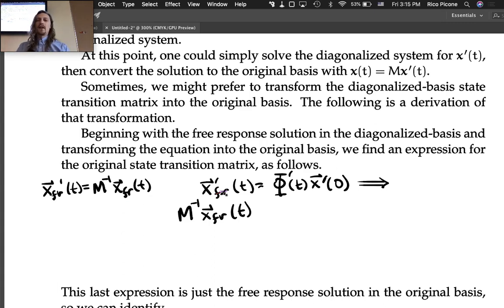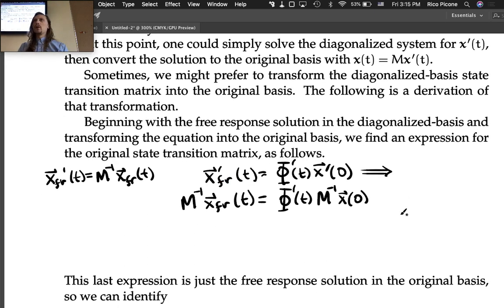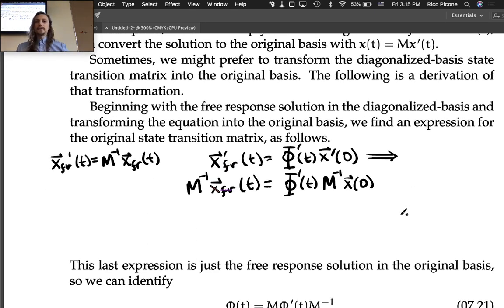That's all I did on the left-hand side. I can also do it to the other side: for phi prime of t, I can transform the initial conditions using that same transformation. So m inverse x, our original initial conditions in the unprimed coordinates, show up there.